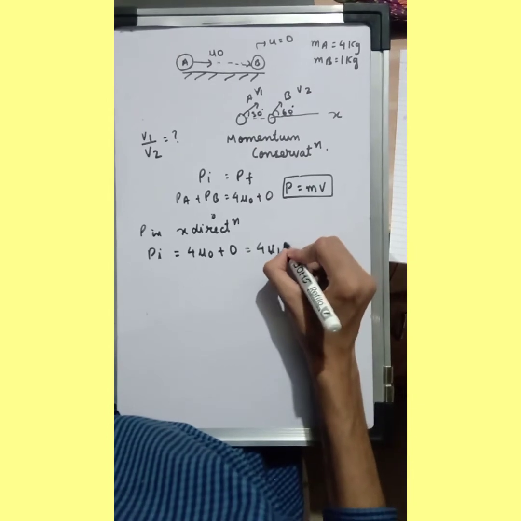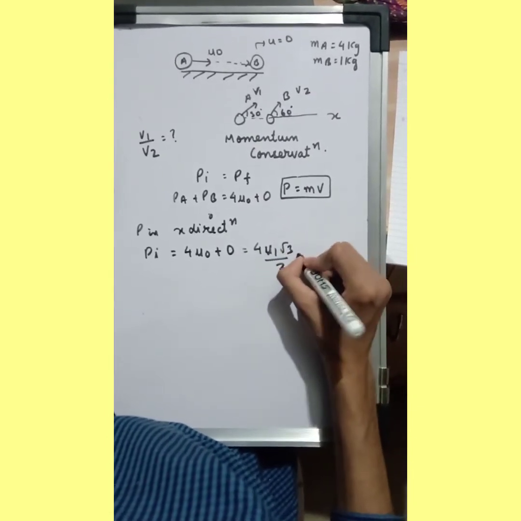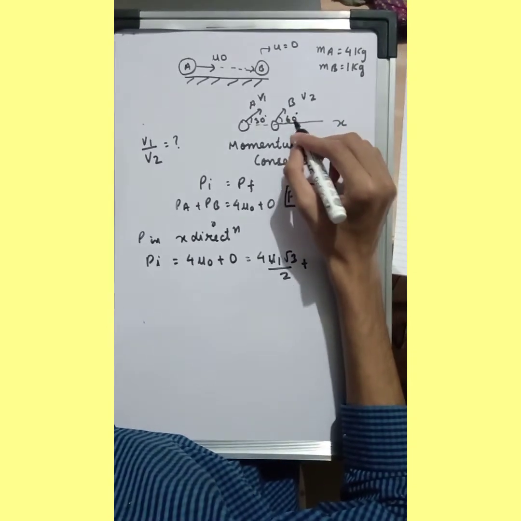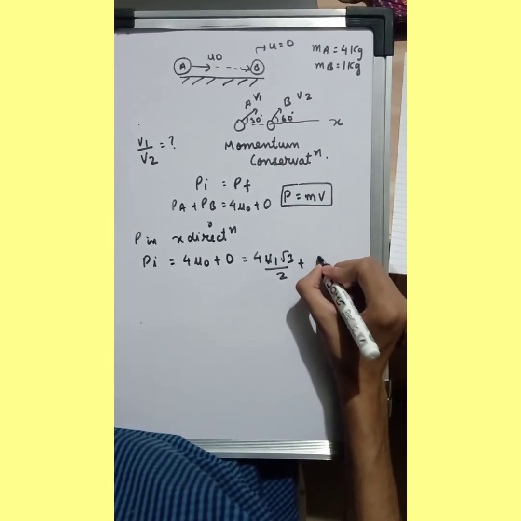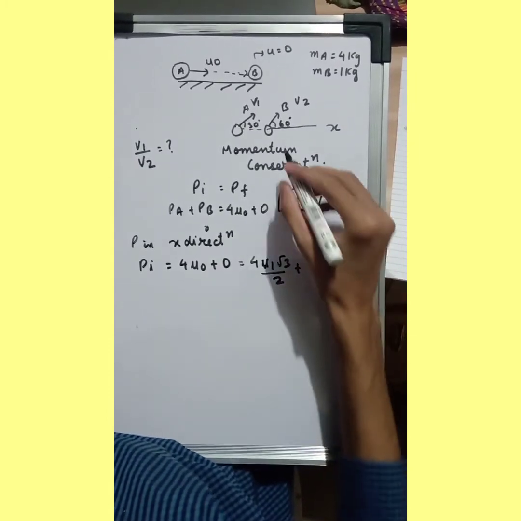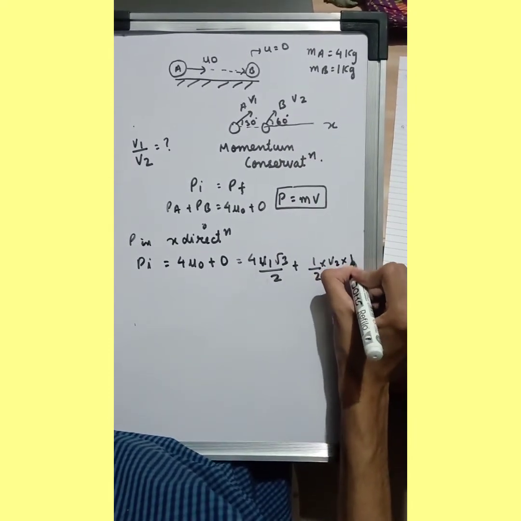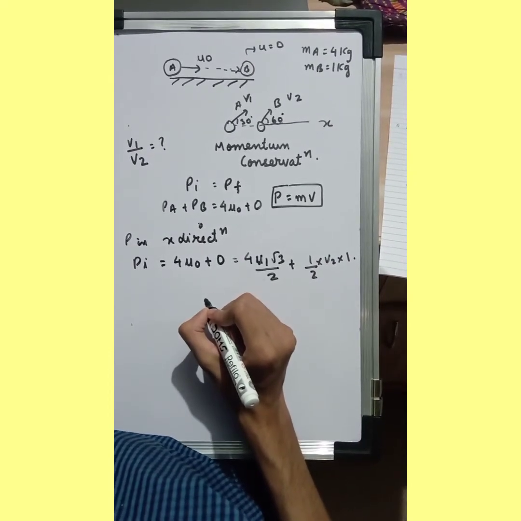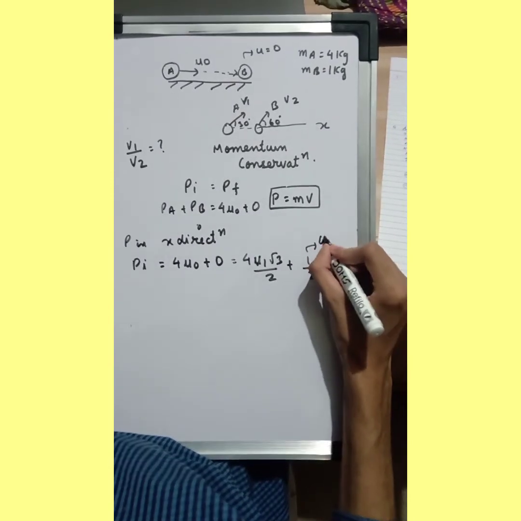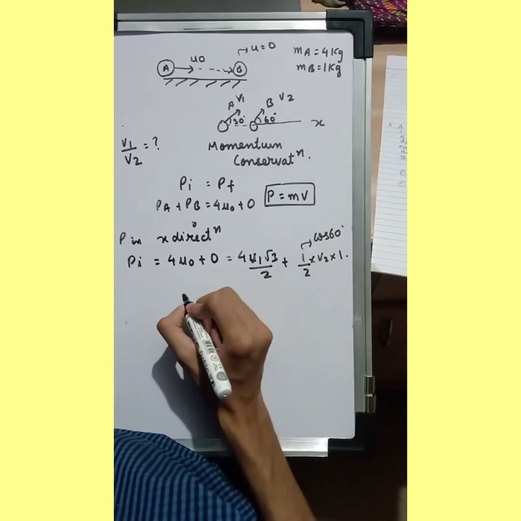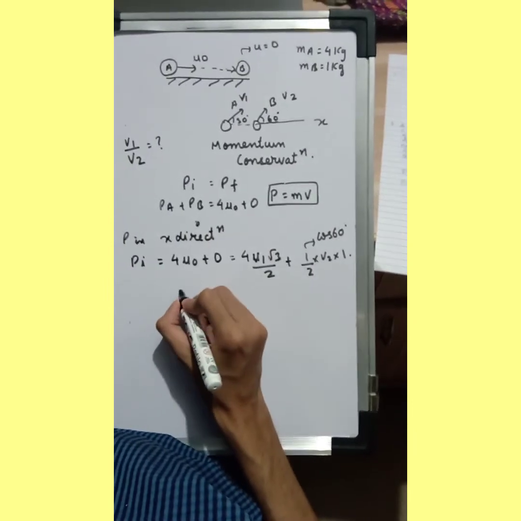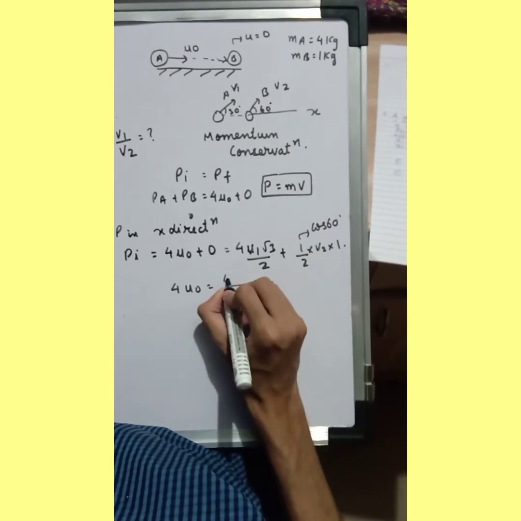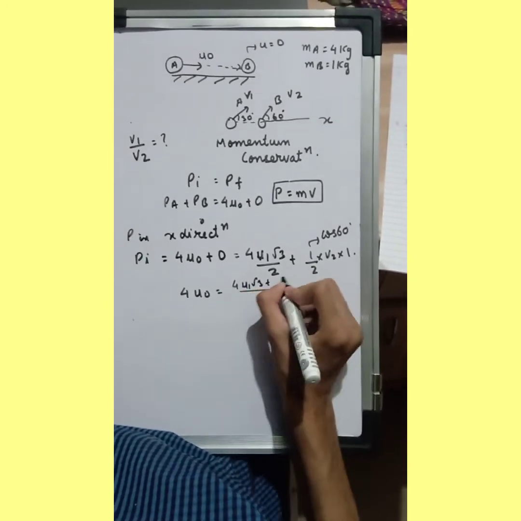Cos 30 is root 3 by 2, plus mass of B, that is 1, into v2 cos 60, that would be half into v2 into 1. So we have a new equation. Let us call this as 1. So 4 into u naught is equal to 4 v1 root 3 plus 1.